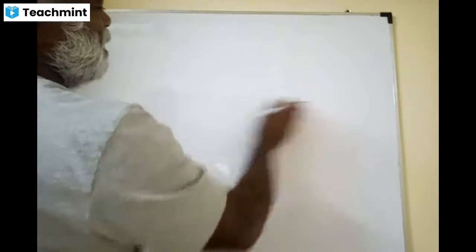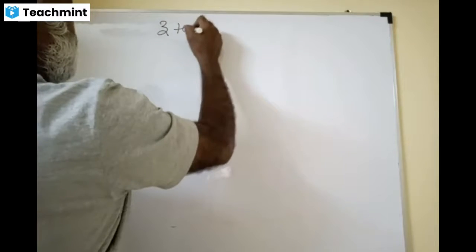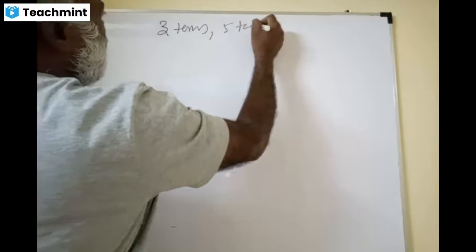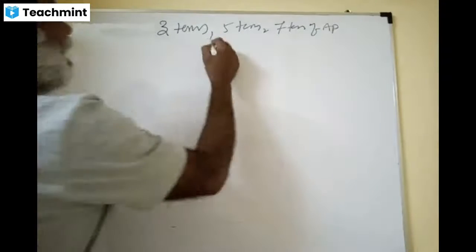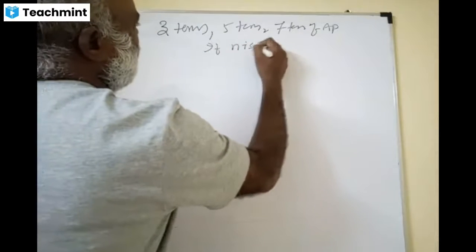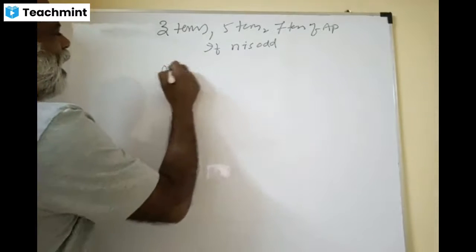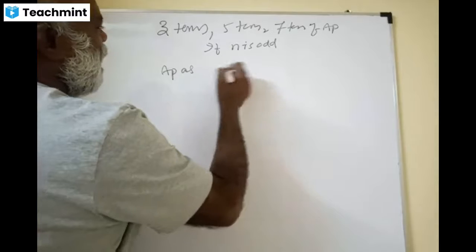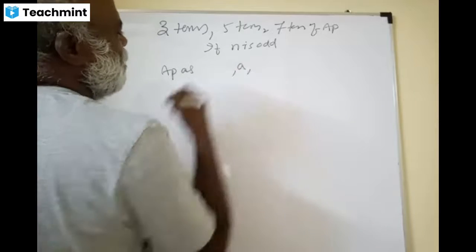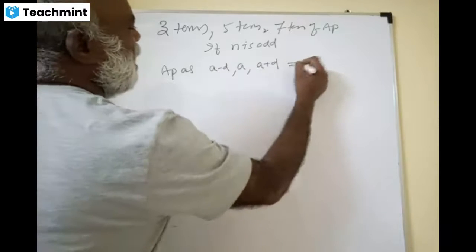Friends, sometimes if I give you 3 terms of an AP, 5 terms of an AP, 7 terms of an AP, like this, an odd number of terms, n is odd. If n is odd, we can take the AP as A minus D, A, A plus D when n equals 3.